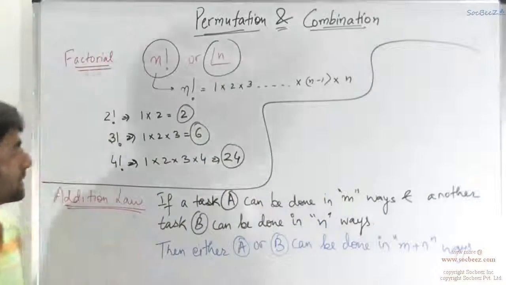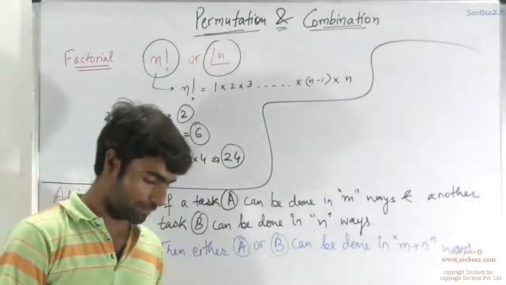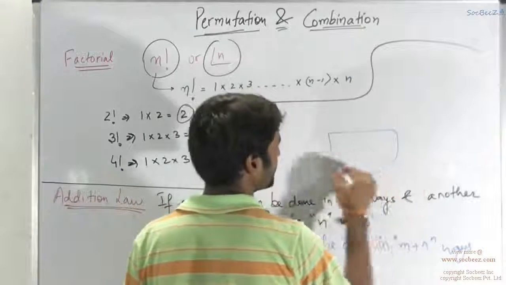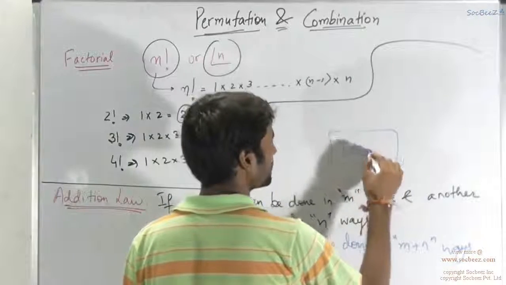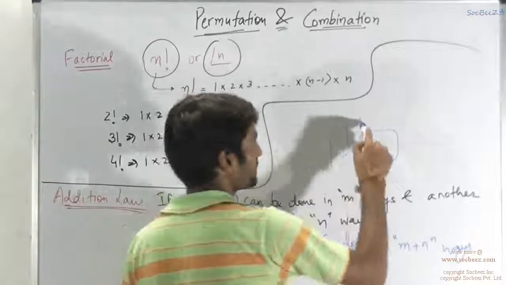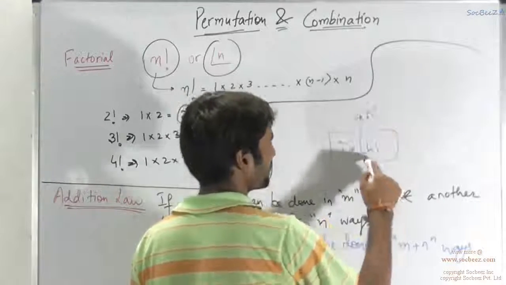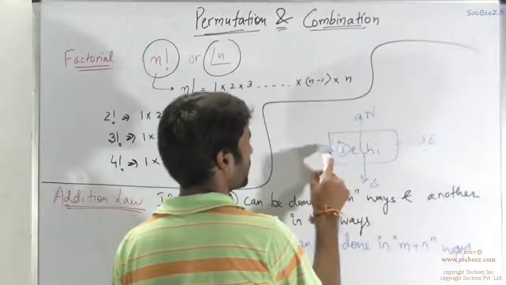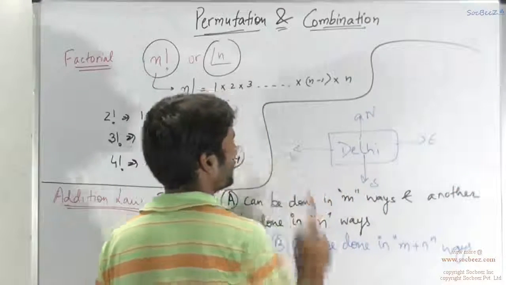For example, say there is a city, the city Delhi. Obviously, it has 4 directions: this is north, this is south, this is east, this is west.